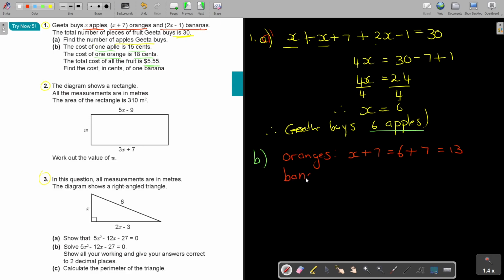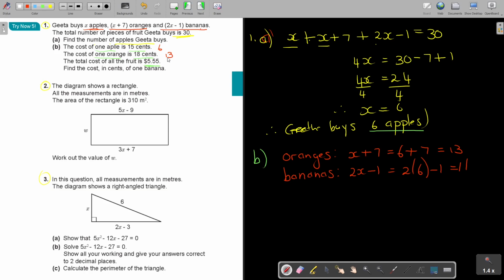So bananas is going to be 2x minus 1. So it's 2 times 6 minus 1, and that's going to be 11. Okay, and now I can start. So remember, this was 6. The number of oranges was 13.